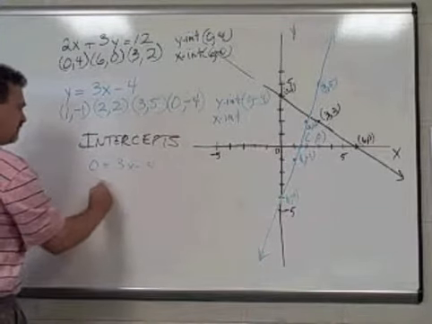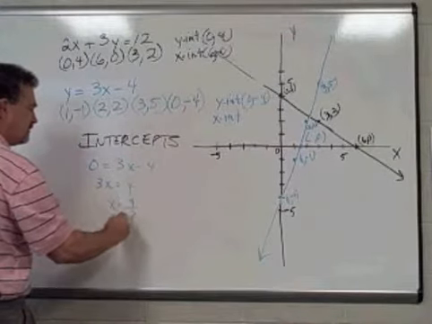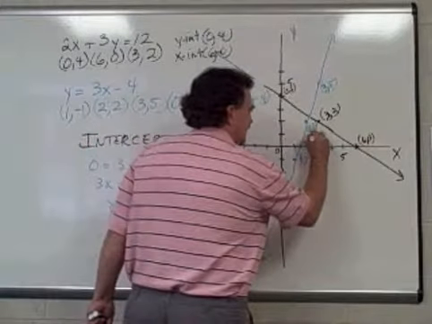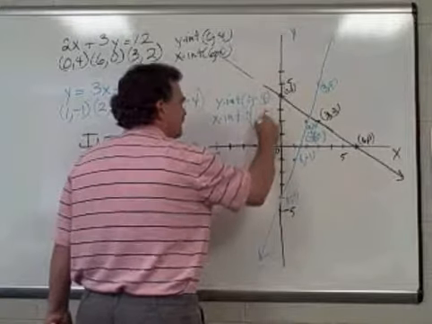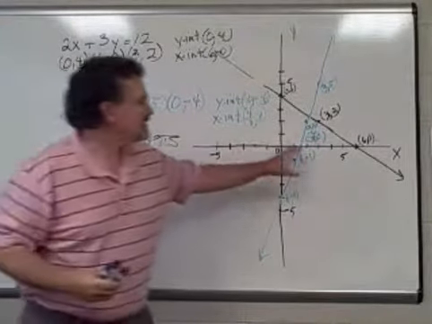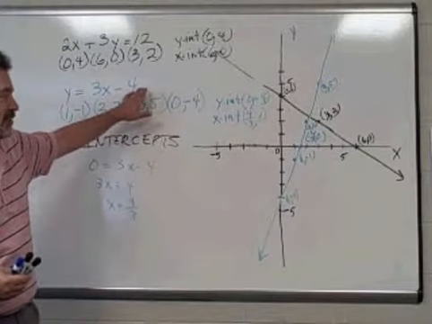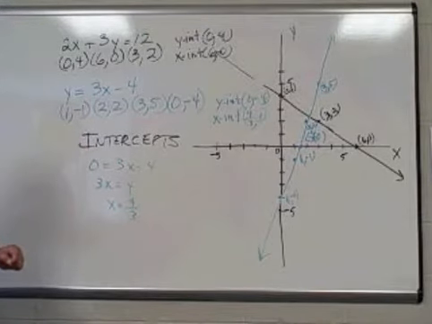So when we add 4 to both sides, divide both sides by 3. So this is the point 4/3, 0. So the x-intercept for our blue equation is the point 4/3, 0.